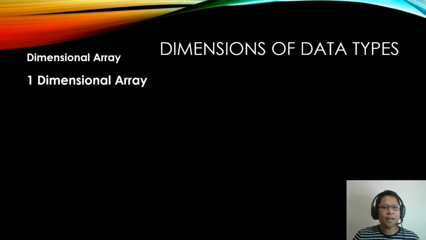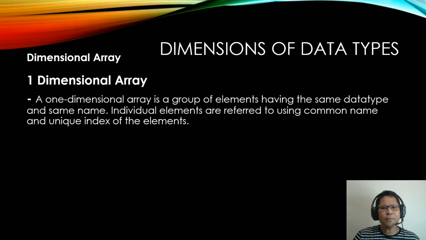Okay, so we have dimensional arrays. The first is the one-dimensional array. A one-dimensional array is a group of elements having the same data type and same name. Individual elements are referred to using a common name and a unique index of elements. The simplest form of an array is the one-dimensional array. The array itself is given a name and its elements are referred to by their subscripts.